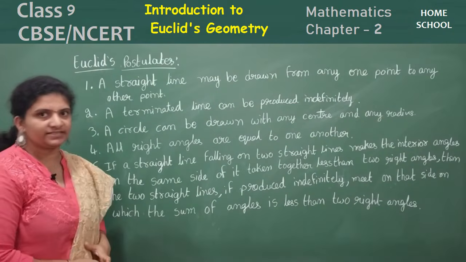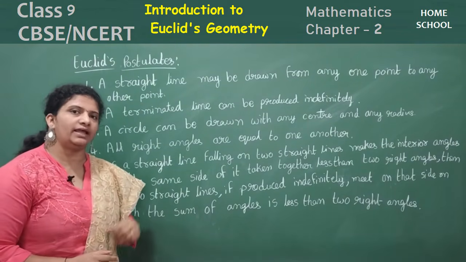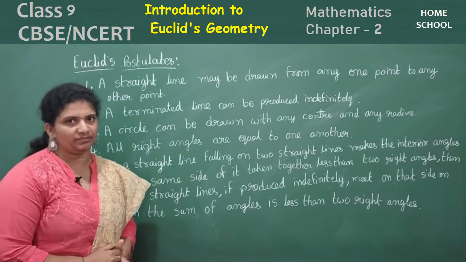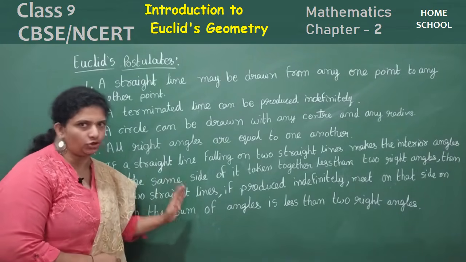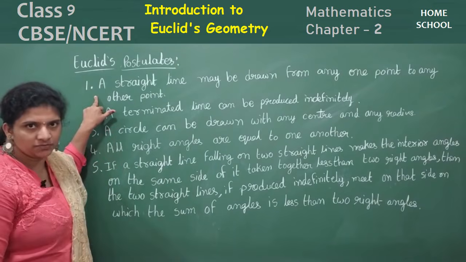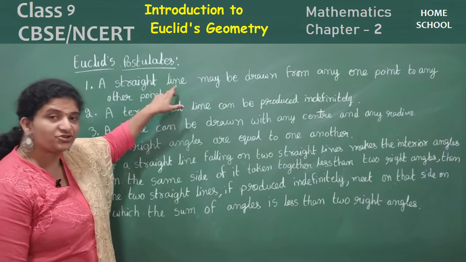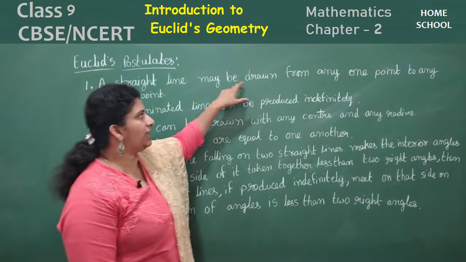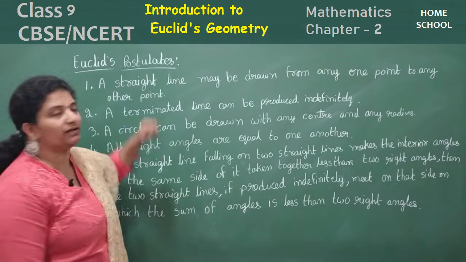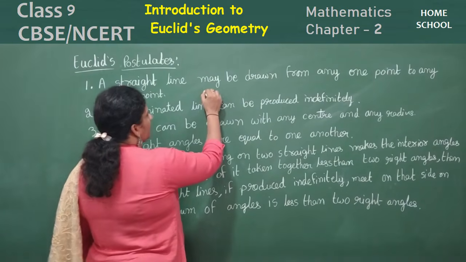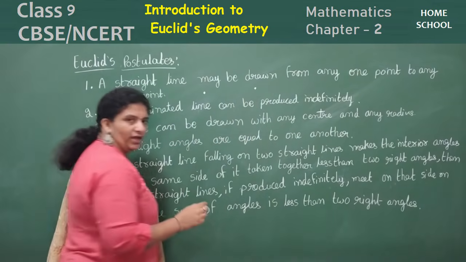Let's look at the postulates, children, what I have said for you. Axioms can be applicable in any part of your mathematics, whereas postulates can be applicable only in geometry. So look here, first postulate. A straight line may be drawn from any one point to any other point. So look here, suppose there is a point and there is another point.